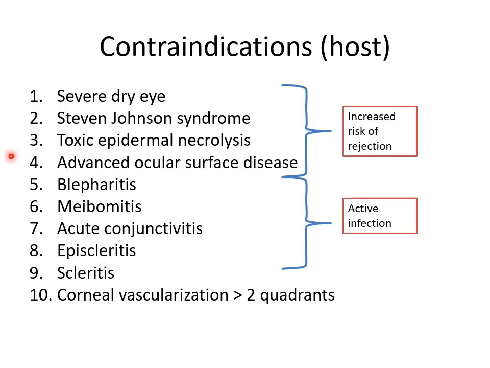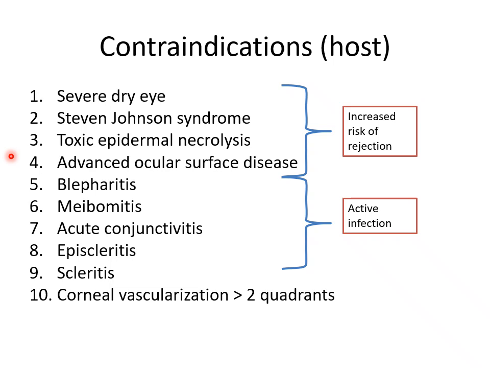Some contraindications. Now, when you read in the eye bank, you will find that there are some contraindications of eye donation, of procuring the donor button and transplanting it. Those contraindications are different, and these are the contraindications in case of the host. Now, why would you not want to put a new cornea on your patient?